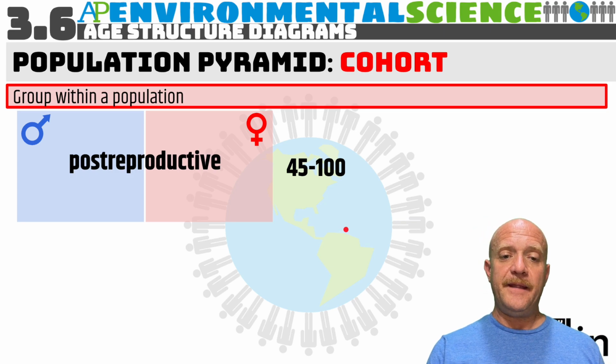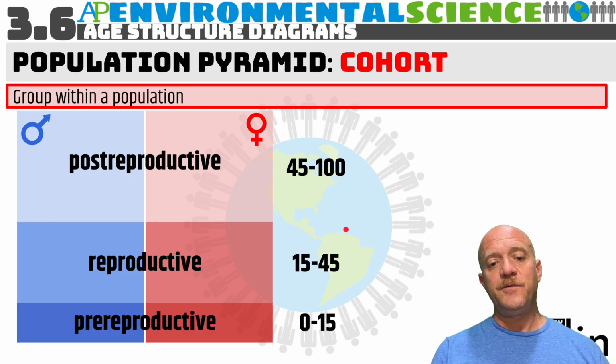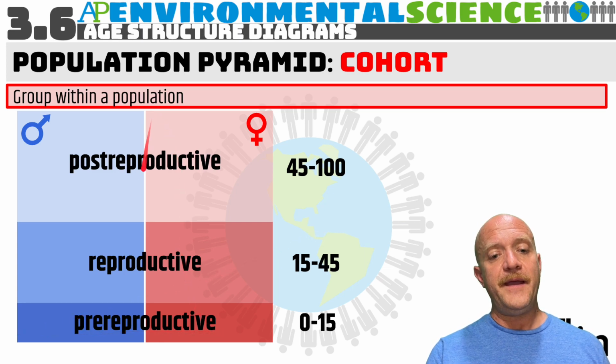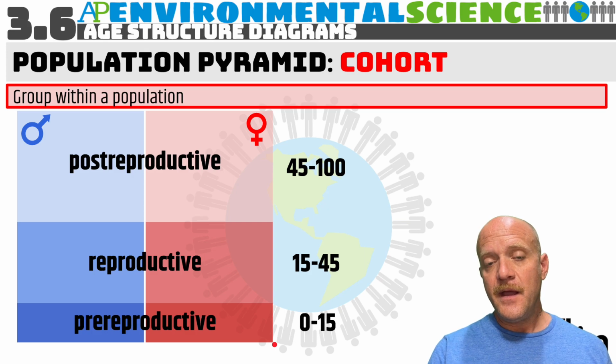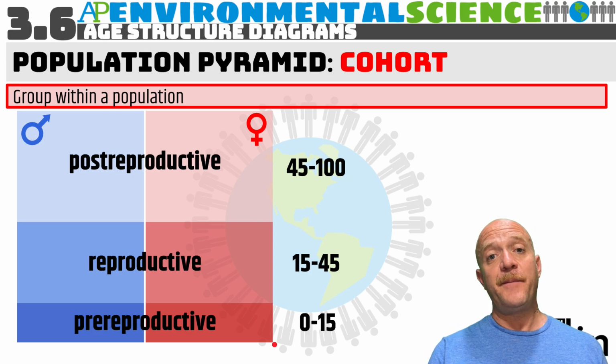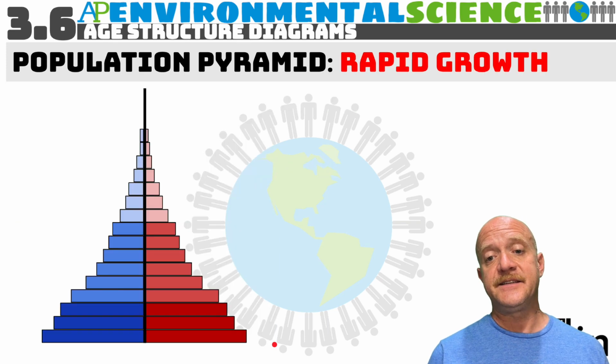Now in a population, we will see all the males on the left side and all the females on the right side. And it's literally going to be a basic triangle shape with numbers like total populations or percentages on the bottom. So I'm going to show you a few examples of population pyramids and then discuss them.